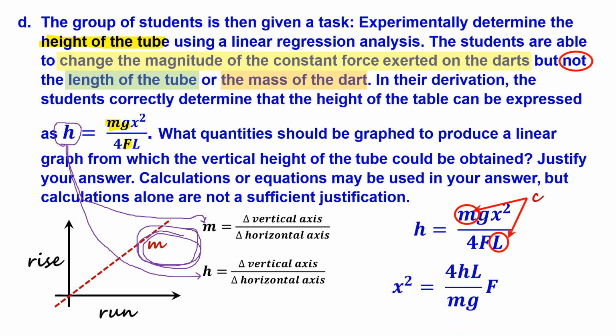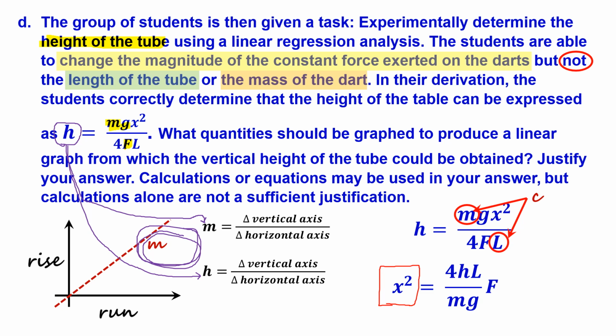Those are constant. So now let's figure out the value of x. So this is your dependent variable. The displacement x is something that we're trying to figure out using this experiment.